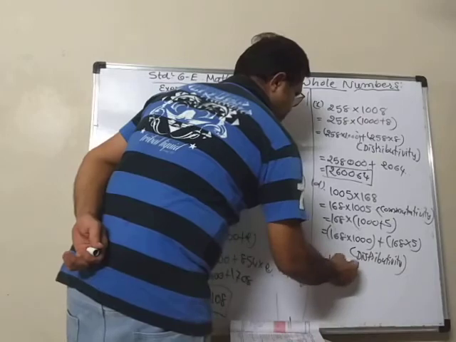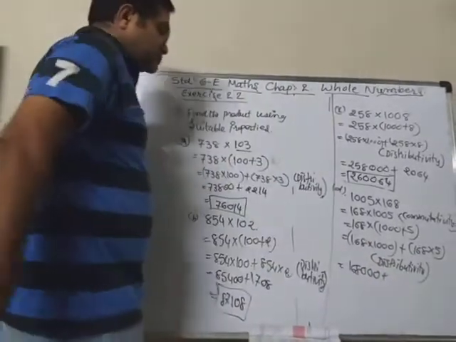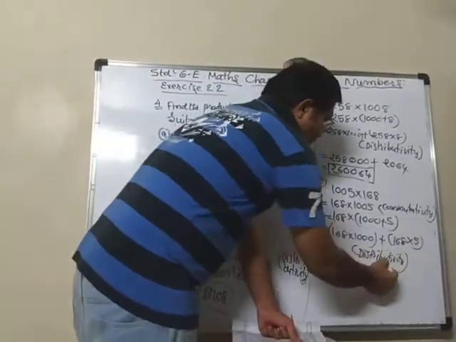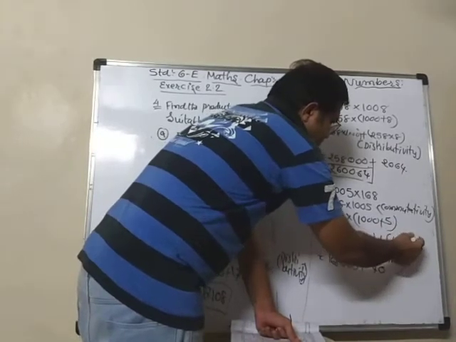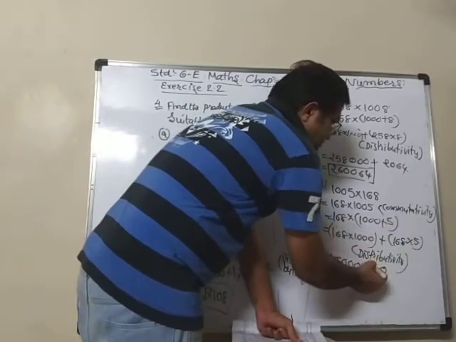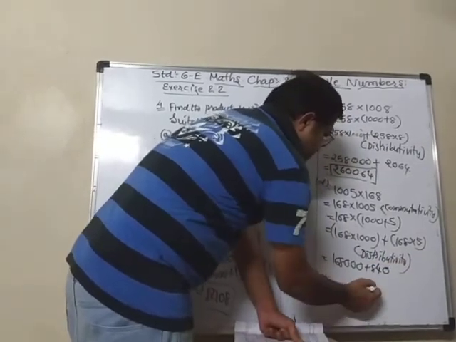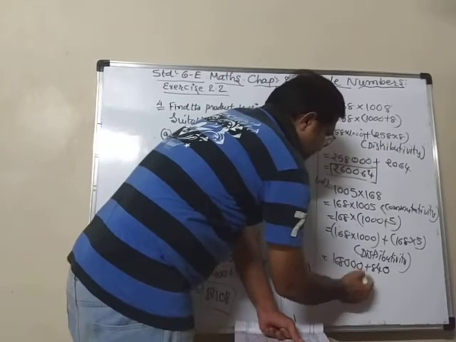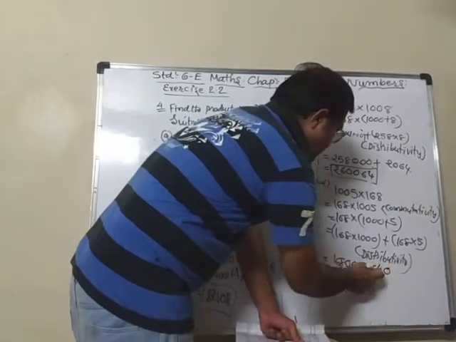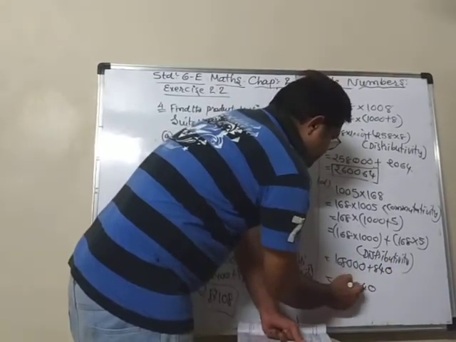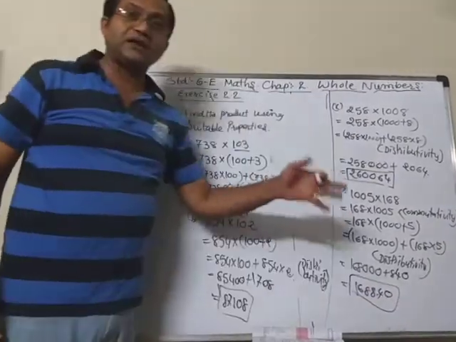So now 168000 plus, only the small multiplication, 8 5s are 40, carry 4, 5 6s are 30 plus 4 is 34, carry 3, 5 1s are 5, 5 plus 3 is 8. So now 0, 4, 8, then 1, 0, 4, 8, then 8, 6, 1. That is your final answer.